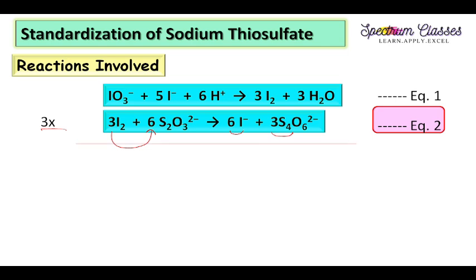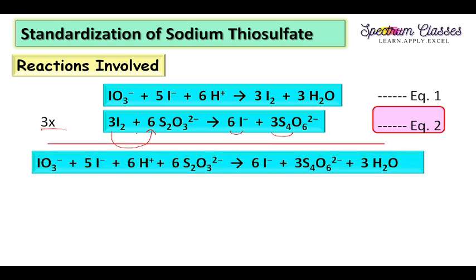If I add these two equations, then what I will get? I will get this. So first equation, IO3 minus plus 5I minus plus 6H plus, and plus 6 S2O3 2 minus, and this will form this product on the right hand side. Say this and this. This I3 will cancel out with this I3 from these two equations, right?